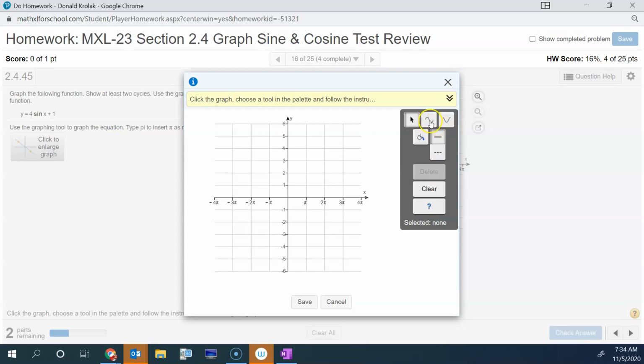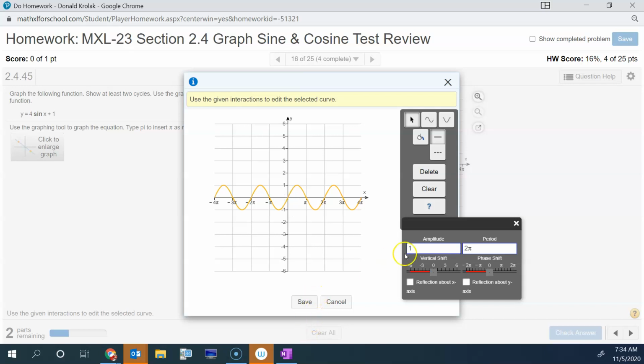All right, so now we got ourselves a sine. All right, Emily, what transformations do we got to do? Okay, amplitude 4. All right, period. Stays the same, okay. Okay, so vertical changes to 1.